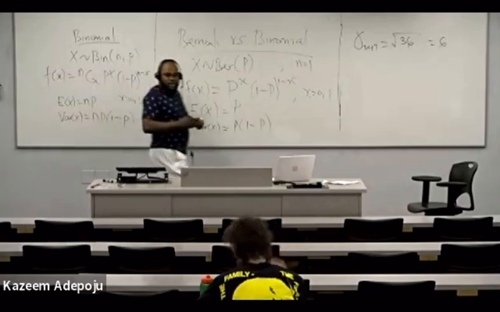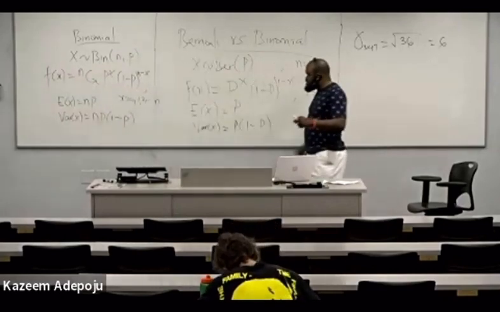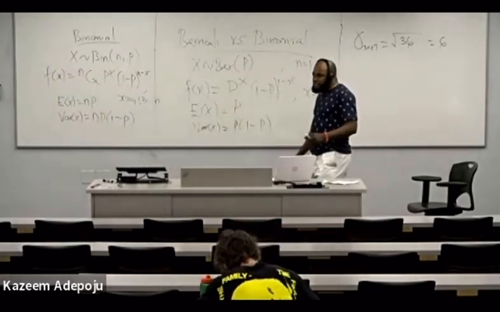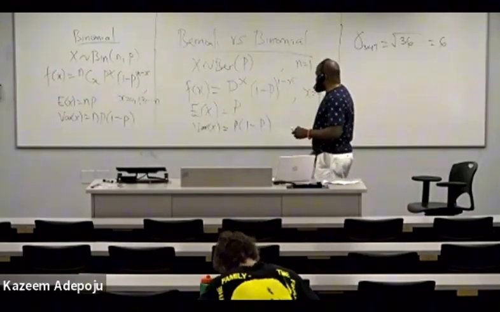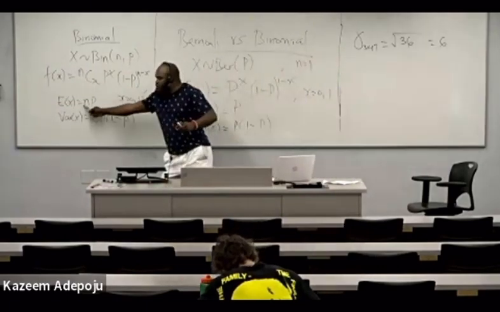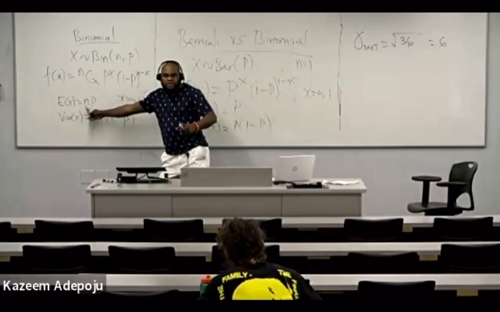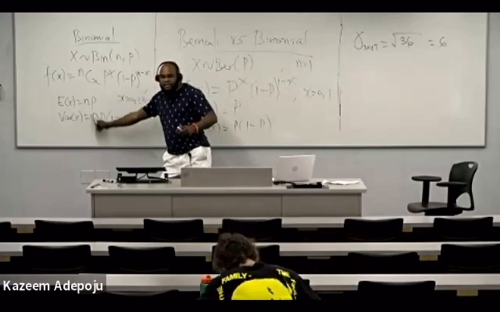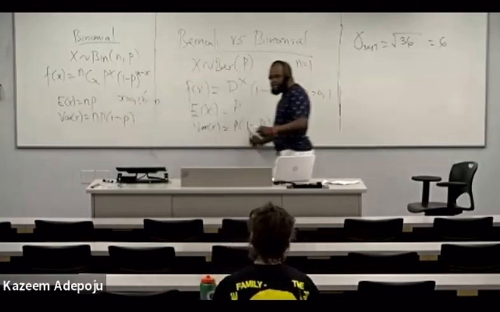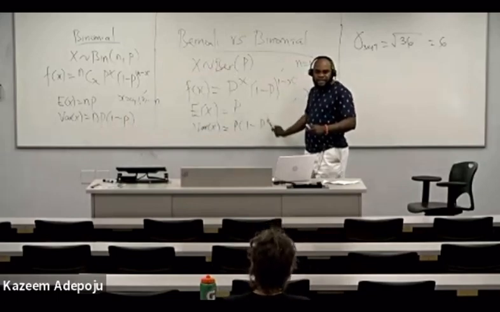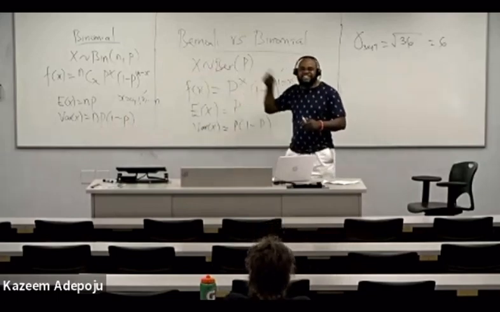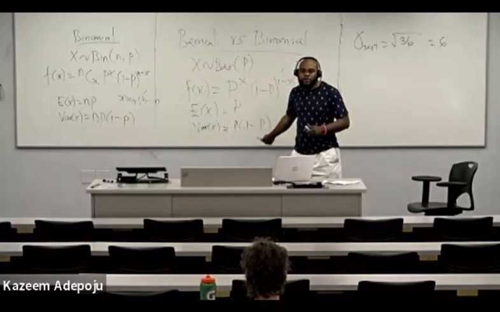If you compare the mean and the variance of these two, we are going to see that when I plug in n equal to 1, this takes us to the Bernoulli case. And that makes binomial a generalization of Bernoulli.